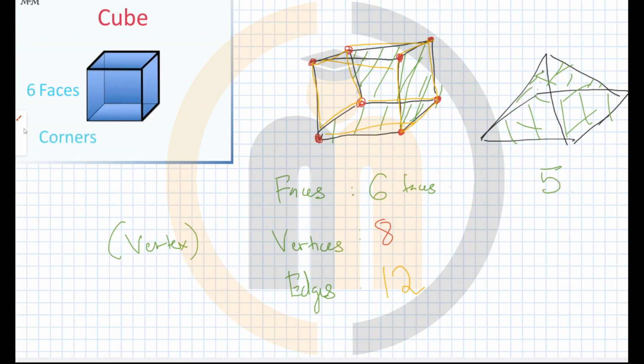As for vertices, we would have 1, 2, 3, 4, and 5. 5 vertices. And the edges. Let's count the square first: 1, 2, 3, 4, 5, 6, 7, 8. We have 8.